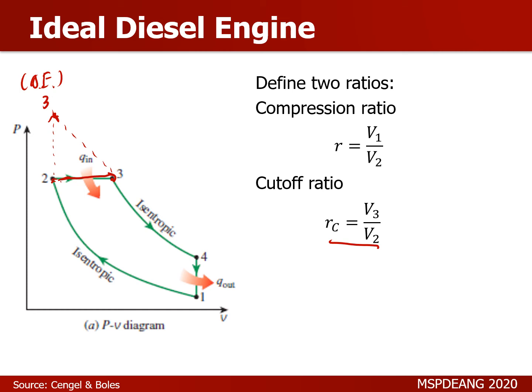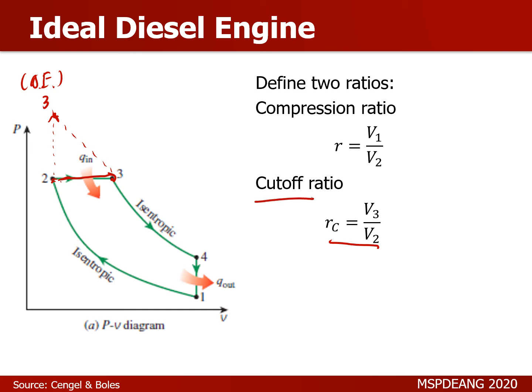Kasi nangyayari sa diesel engine, once you now add your fuel to the compressed heated air, the mixture will now auto-ignite, and spontaneously, what will happen is that it won't occur at constant volume, but rather, due to the instantaneous combustion, the piston will now immediately move down, thus causing a displacement, and this ratio of V3 to V2 is known as our cutoff ratio.